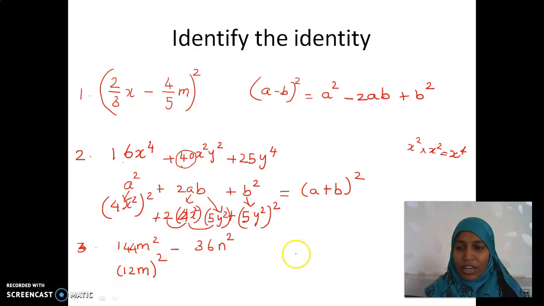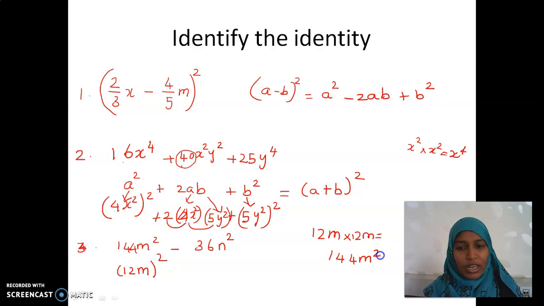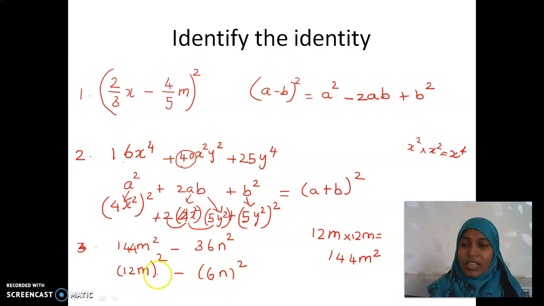If I write 12 m into 12 m, I get 144 m squared. That's what I have written here. How to write this 36 n squared now? 6 n the whole squared.